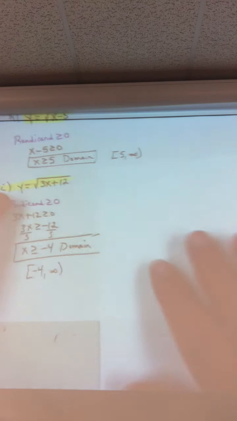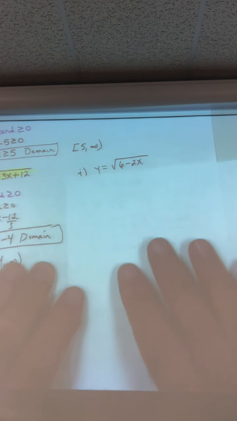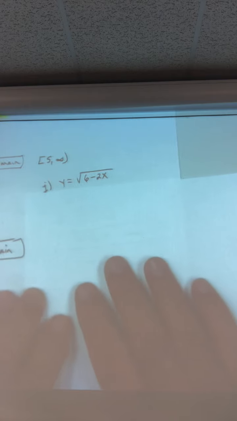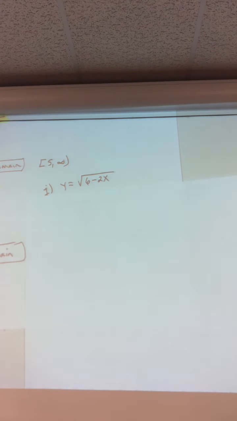All right, last example here. It works the same way, but I need to remind you of something. This one right here. Do you have an x in the denominator? No. Do you have an x under a radical? Yes. So what have we got to do? We've got to force the radicand to be greater than or equal to 0. X is on one side, numbers on the other. Subtract 6 from both sides. Now this is the part that you may have forgotten in inequalities.